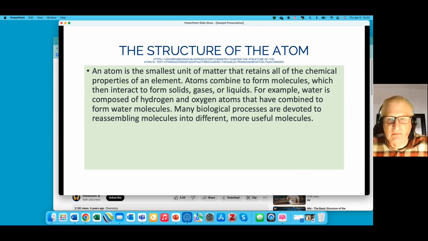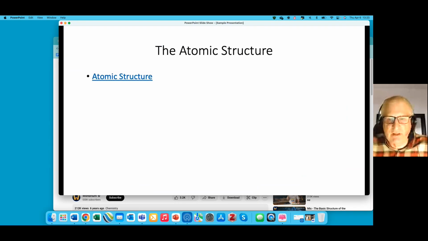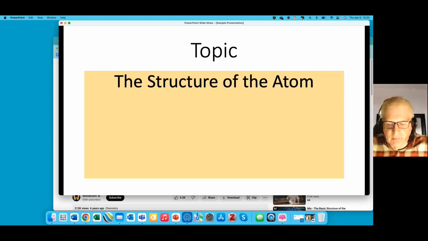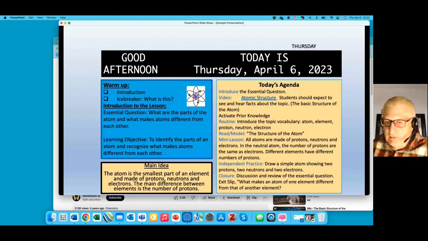Okay, let's go back to our agenda for the day. And I've already sent you your assignment. So we have 2 parts to the exit ticket. We have an independent practice. Please draw for me what you think of a simple atom that's showing 2 protons and 2 neutrons in its nucleus and 2 electrons going around the outside.